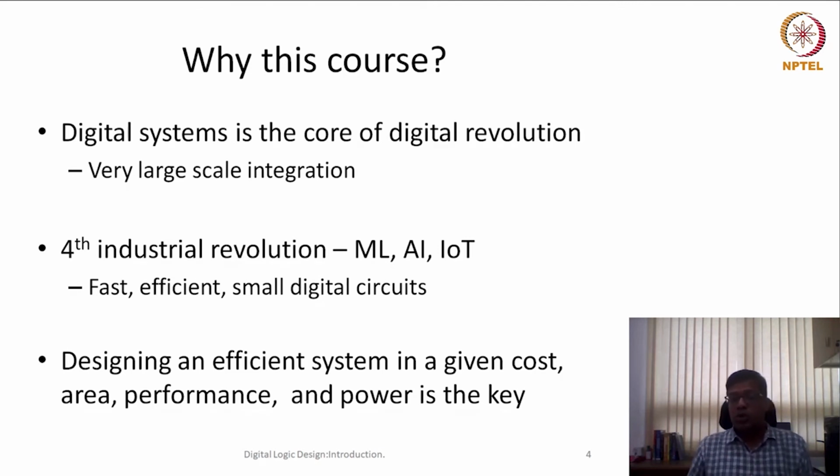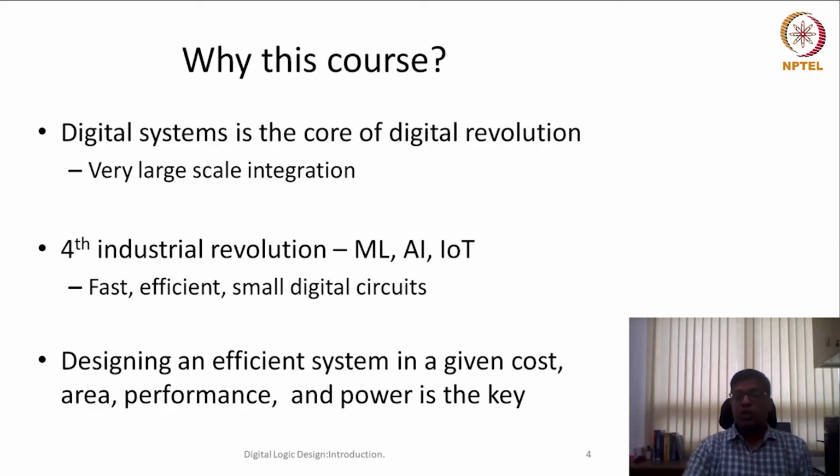On the other hand, we also require very small power consuming, very small systems. Because understanding how hardware design works, and designing efficient hardware, is the core of computer science, that is why we will study this particular course.